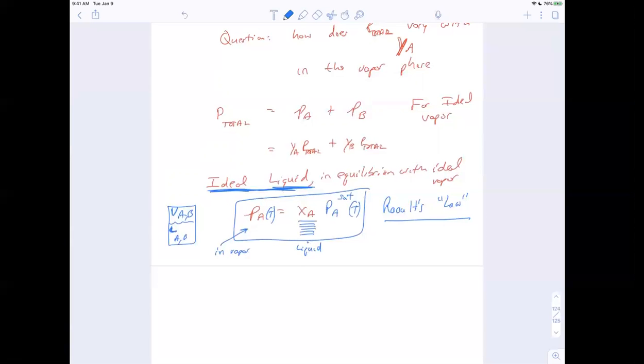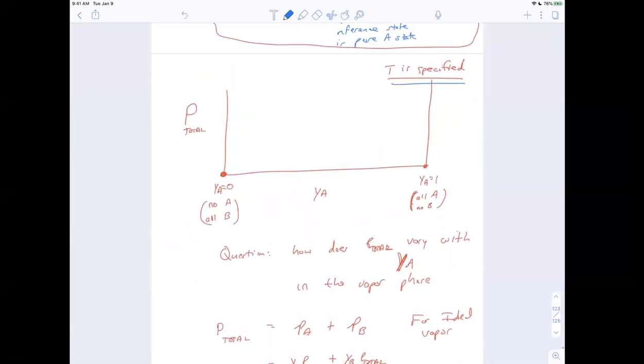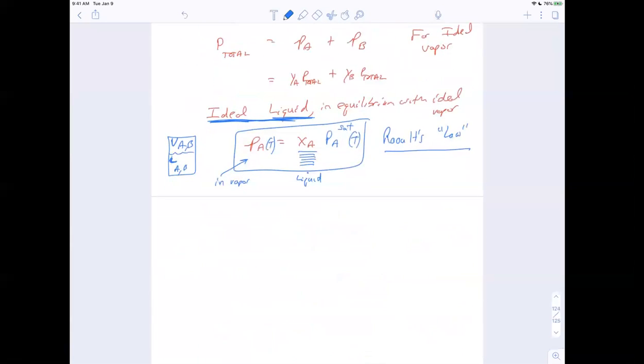Since T is specified, the vapor pressure of both species, A and B, is going to be specified. It's a constant at this temperature, because we specified the temperature. So this guy is a constant. The only thing that varies is X sub A here.